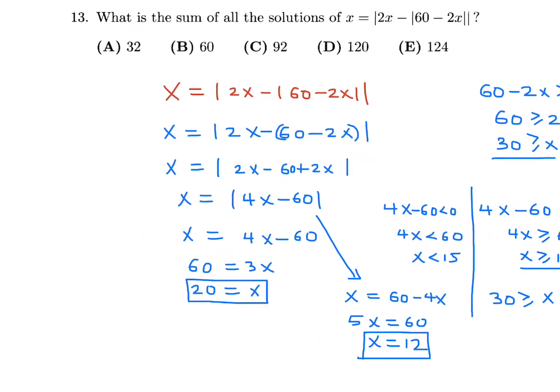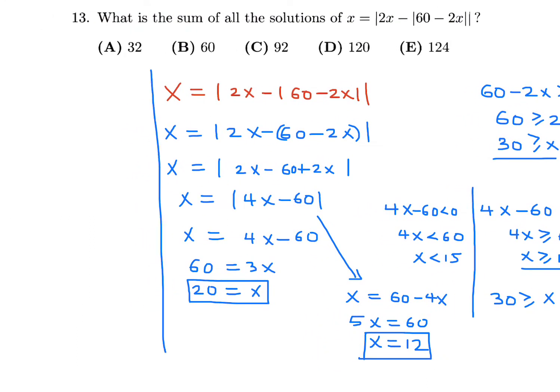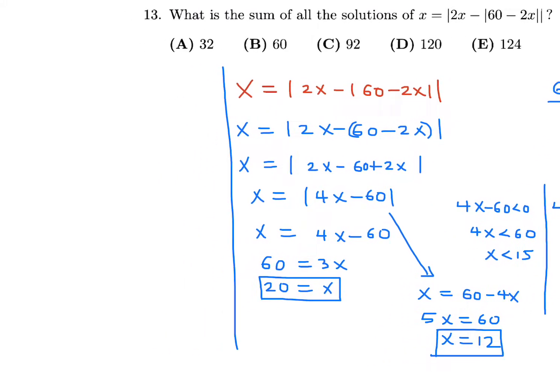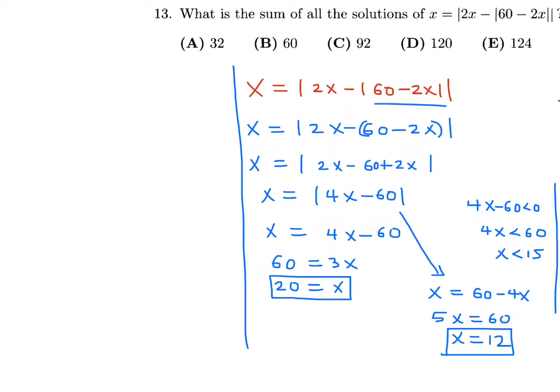To get the last solution, we have to go back to the beginning. And if you remember, at the very beginning, we had let that be greater than 0. Now what we have to do is let that be less than 0. So this 60 minus 2X now has to be less than 0. And if that is the case, 60 is less than 2X, and therefore X is going to be greater than 30.